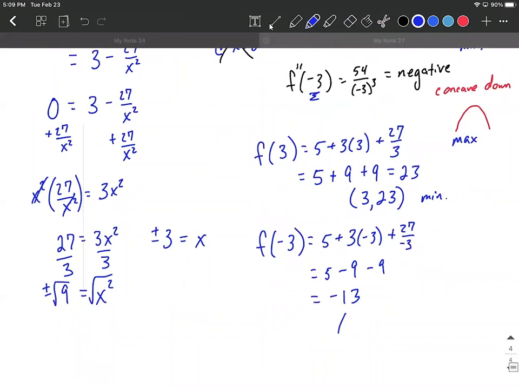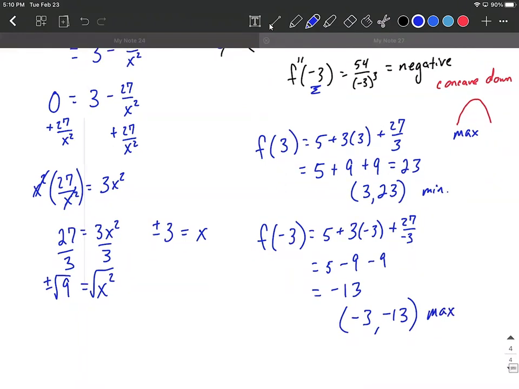Therefore, giving us a critical point of (-3, -13), and we already determined by the second derivative test that that was going to be a local or relative maximum at that point. We actually, be careful on this, we say that the maximum is going to be -13, and it occurs at a value of x equals -3.